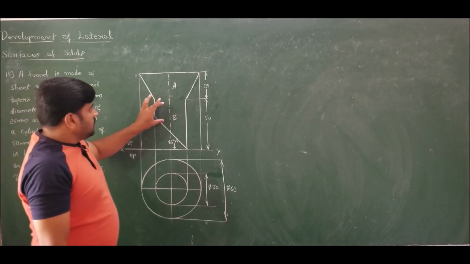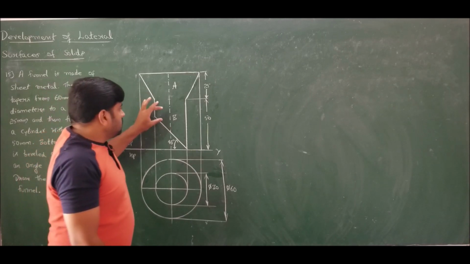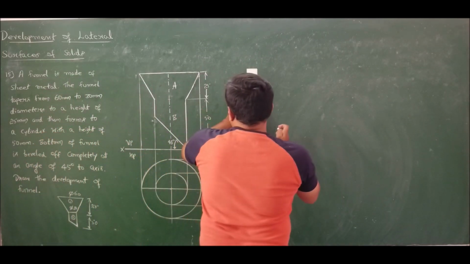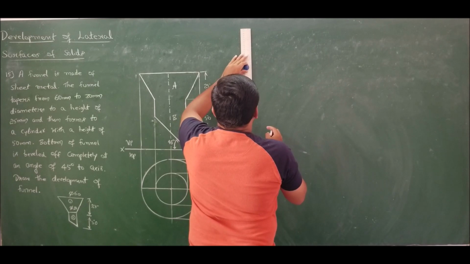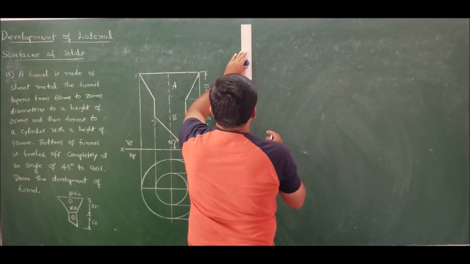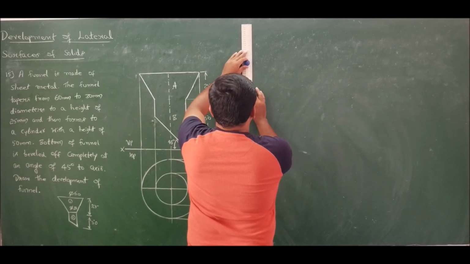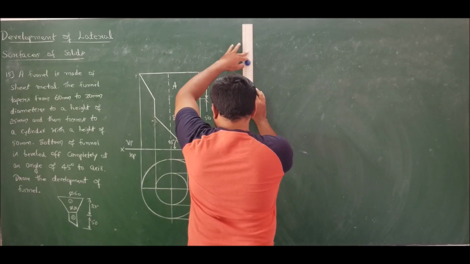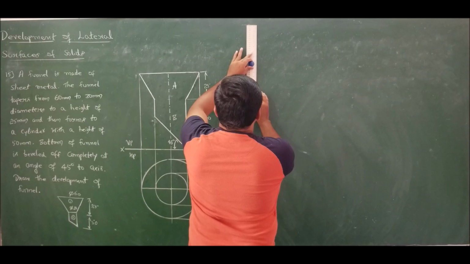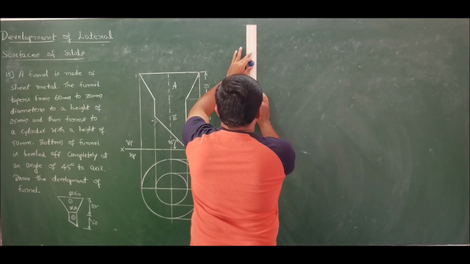So first let us draw the development of cylinder part B. If I move for development of part B, the front view of this is a rectangle of dimension 50 cross 30. So let me draw that first.